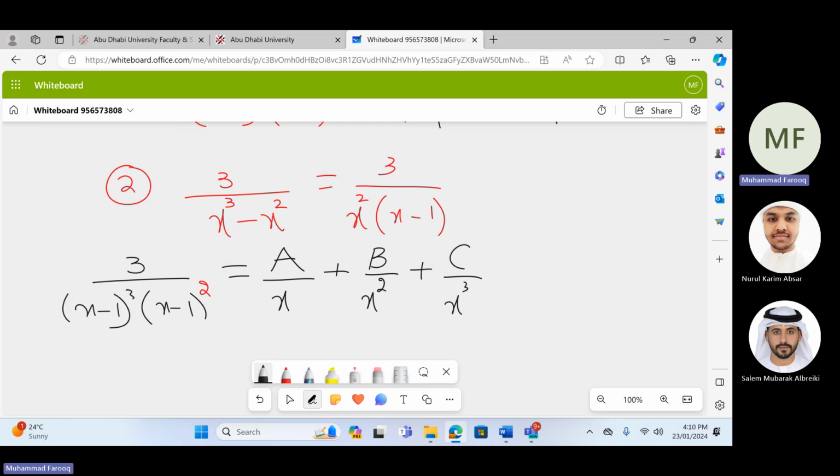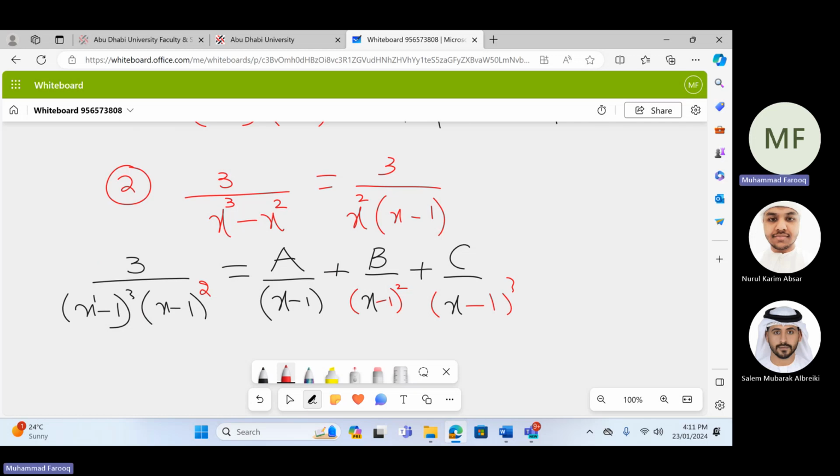It is a repeating factor, and it's linear, because the degree here is 1. It's linear and repeating 3 times. So a over x minus 1 power 1, then b over x minus 1 power 2, and then c over x minus 1 power 3. This is the way to write decomposition.